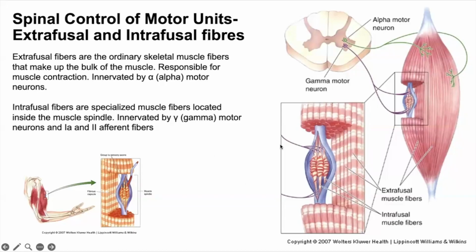When the alpha motor neurons innervate the extrafusal membrane, it contracts. How does it contract? We did this in the muscle. You have to understand that when these are coming in, they release acetylcholine, the neurotransmitter responsible. An action potential is created, and acetylcholine is released.